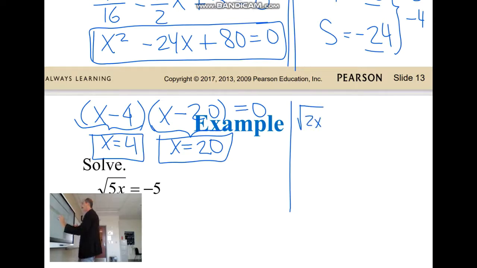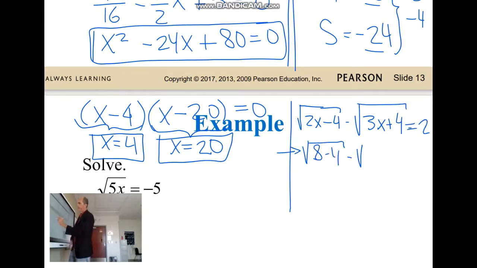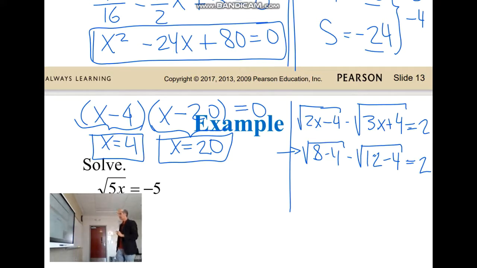The original equation: 2x minus 4 minus the square root of 3x plus 4 equals 2. Plugging in x equals 4: 2 times 4 is 8, minus 4 is 4, square root of 4 is 2, minus the square root of 12 plus 4, which is 16, square root is 4.